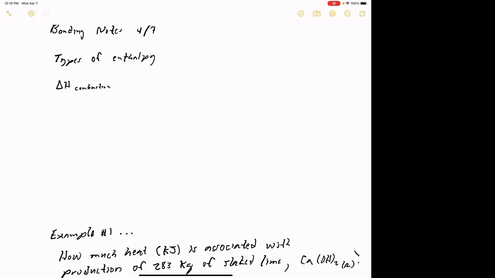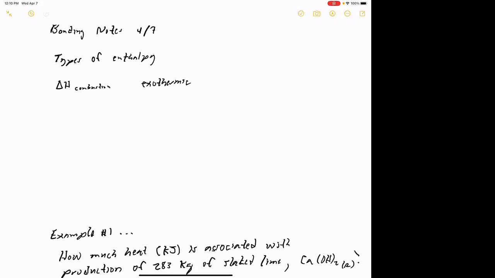Now, we can categorize these as either being endothermic or exothermic. I think we said last time, if we study a combustion reaction, for example, in a calorimeter, we know that heat is given off by the system. So we would expect this type of enthalpy to be exothermic. Remember, heat's being given off by the system and absorbed by the surroundings.